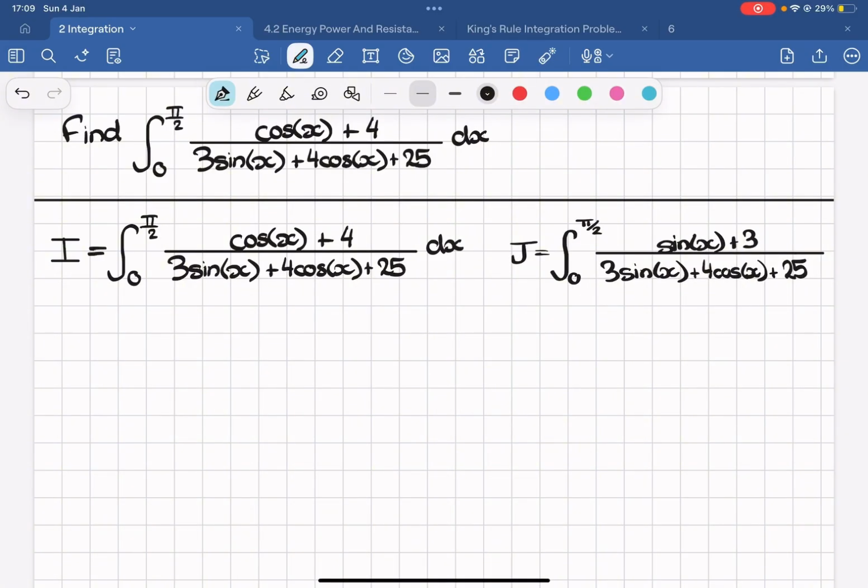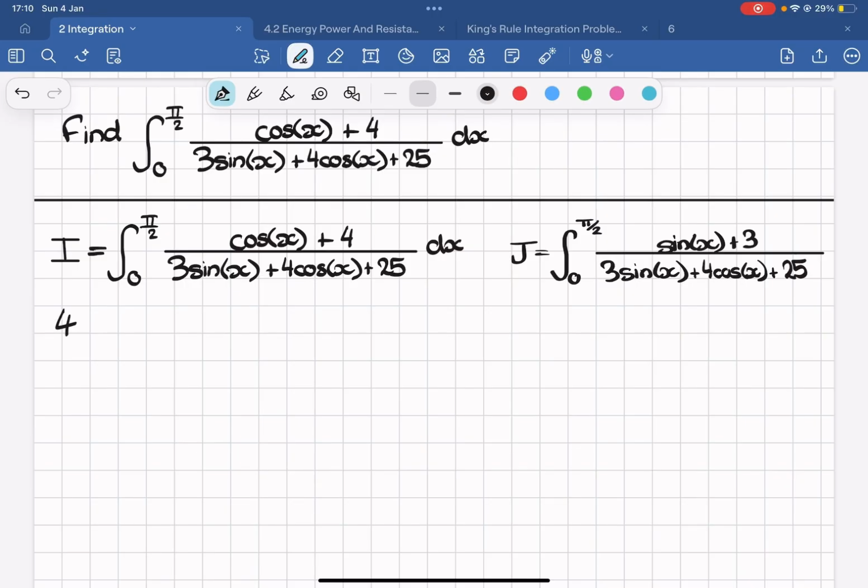Now, this doesn't really help when we're integrating, as it doesn't cancel to give us 1, nor is it the derivative of the denominator. So instead, we might have to multiply I and j by some constant. If we're trying to cancel, we need to have 4 as a coefficient of cos and 3 as a coefficient of sine, plus a 25.